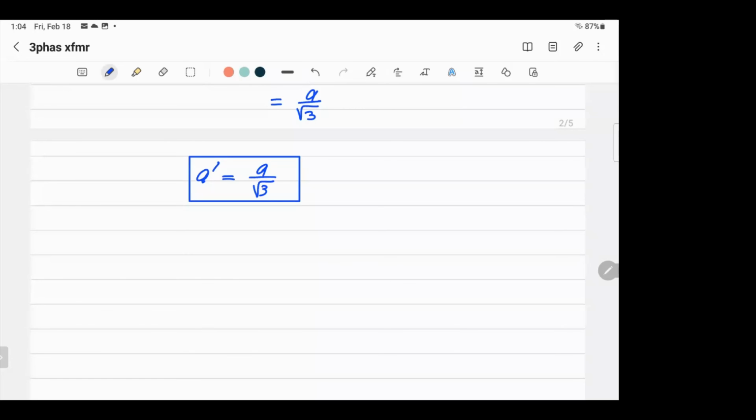So how can you analyze a three-phase transformer? You do it with an equivalent circuit, exactly like you did for the single-phase transformer. But to find the equivalent circuit, the values will change depending on the connection. It's very involved.